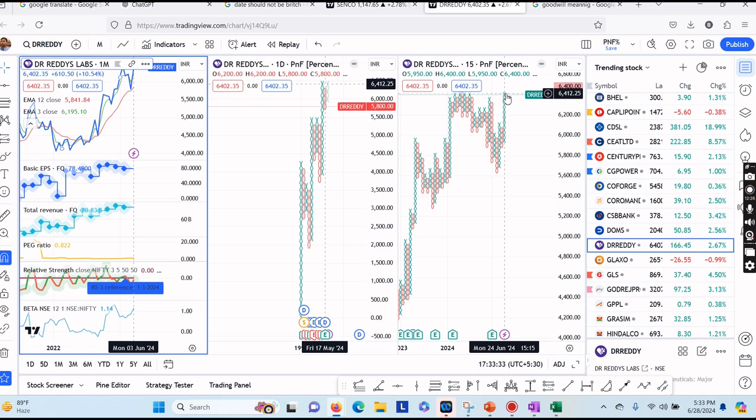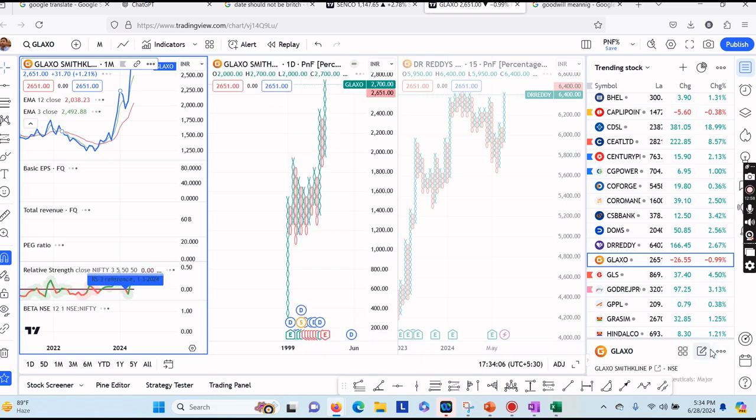If I see the growth, it's consistently a bit declining, but valuation is still good compared to other stocks in this bleak market situation. And yeah, RS is not in favor. It's kind of zigzag, so that's not a good pattern for me. Beta is manageable, so yes, if I cannot get any stock, I can go for some small position in that.